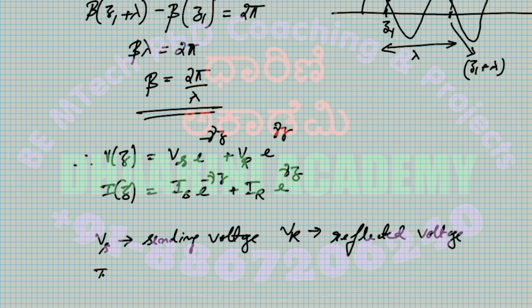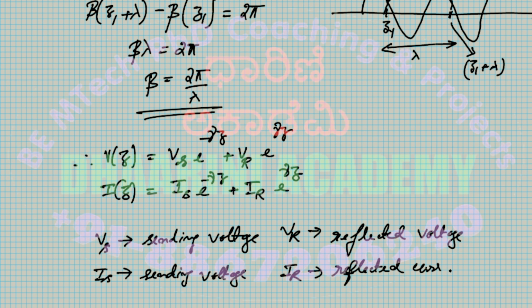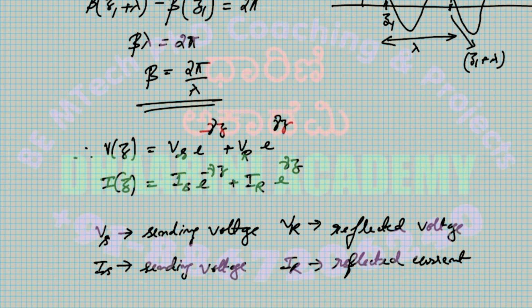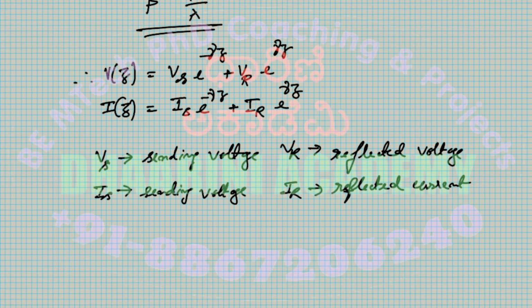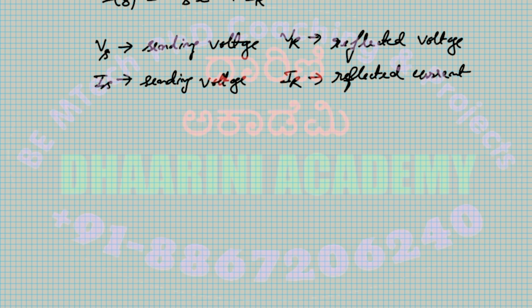Similarly, you have Is, that is the current sent, and I also have IR, that is the reflected amount of current. Okay, fine. So that's the relationship between voltages and currents on a line.